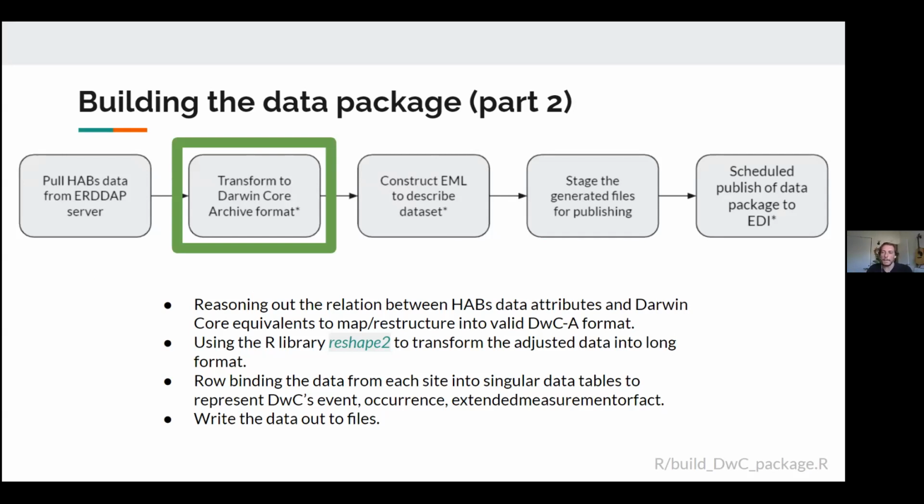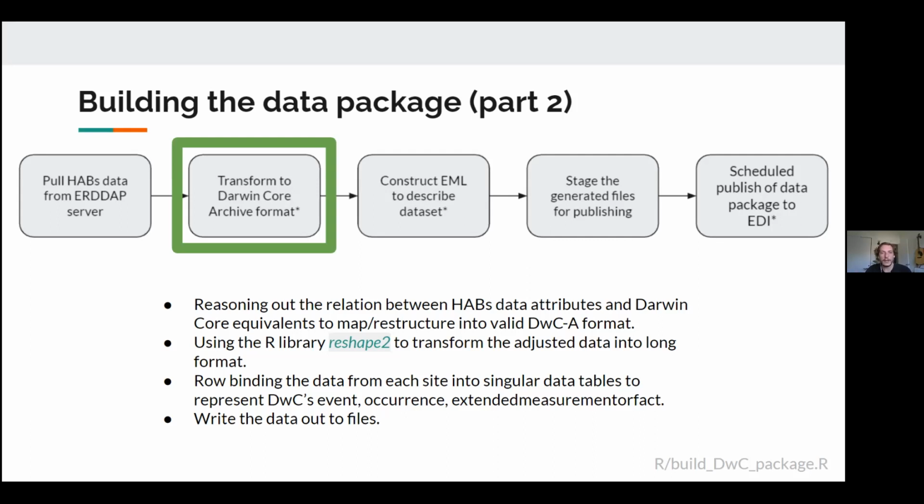So the data package that we're trying to publish is inclusive of all the sites, and it's not site specific. After we've done this transformation and generated the data tables for our Darwin Core format, we can write them out to files, and then we have them ready to be included in the data package.